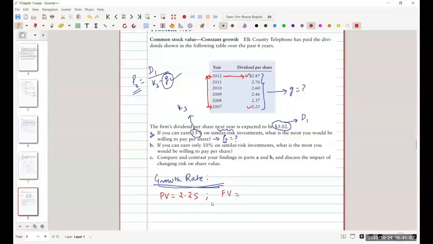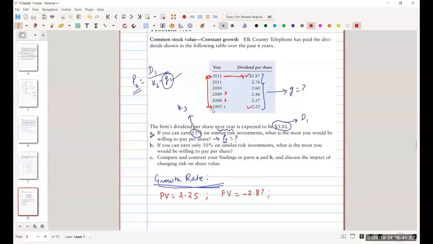But remember, in the calculator you cannot have the present and future value both with the same sign. Since we put in present value as a positive number, make sure that you use this one as a negative value. Otherwise, you will get an error. Then we need to see how long this timeline is. 1, 2, 3, 4, 5, 6.